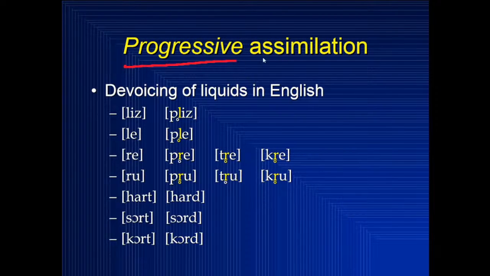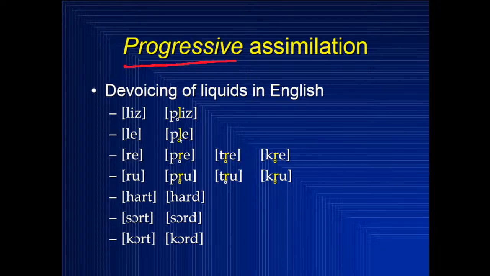Now we can talk about progressive assimilation, as in cases of devoicing of liquids in English here. When we have especially L immediately following a voiceless stop like P, this L is not totally voiced, but we can say it is devoiced, just because of the influence of the voiceless sound which is placed before it.